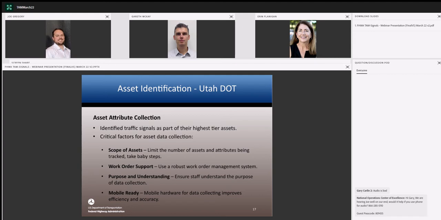And for Utah DOT, it was important for them that they had mobile hardware they were using for collecting and updating this asset information. That ensured that the process was as efficient as possible for those that were asked to do it, and also it meant that there was significant accuracy in terms of what they were doing.